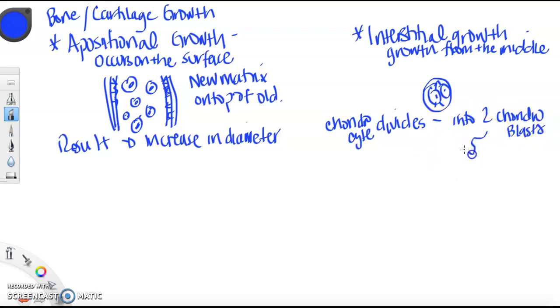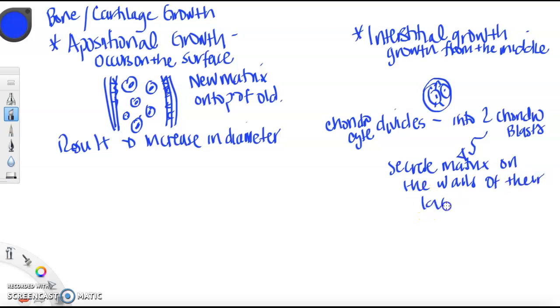And then they secrete matrix on the walls of their lacuna, and this makes the walls more dense. It's just like adding more cement to the walls.